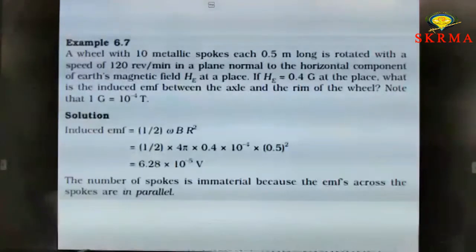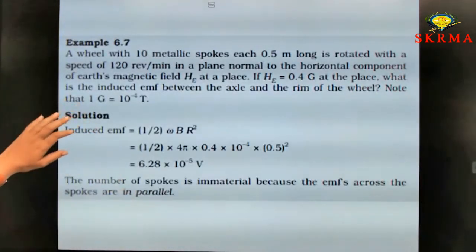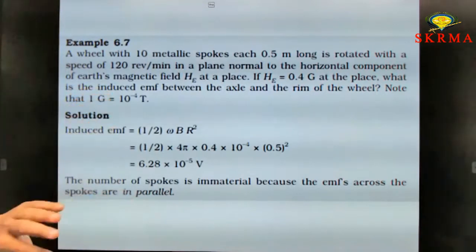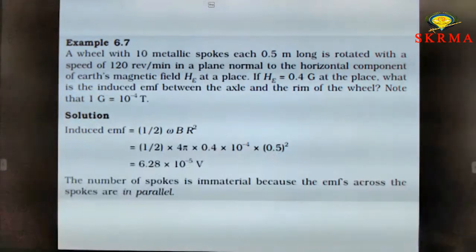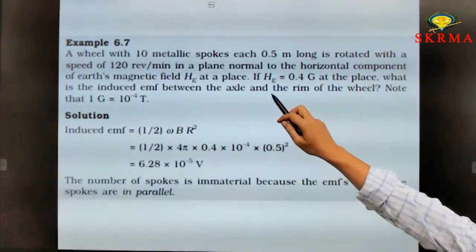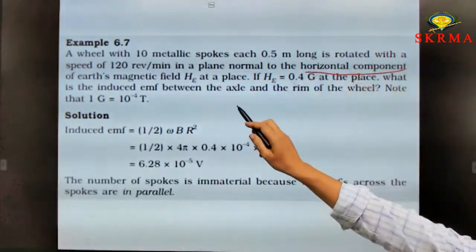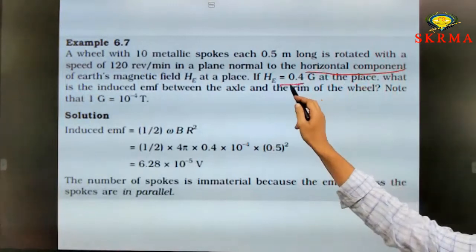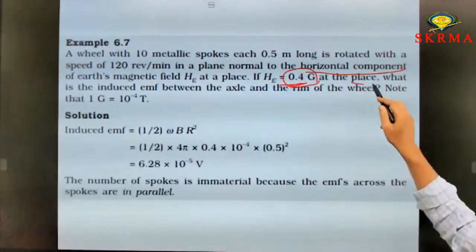Based upon this equation, there is an NCERT problem. They are directly asking about a wheel with 10 metal spokes, each 0.5 meters long, rotating with a speed of 120 revolutions per minute, normal to the horizontal component of Earth's magnetic field H. The horizontal magnetic field is also given in Gauss at the place.